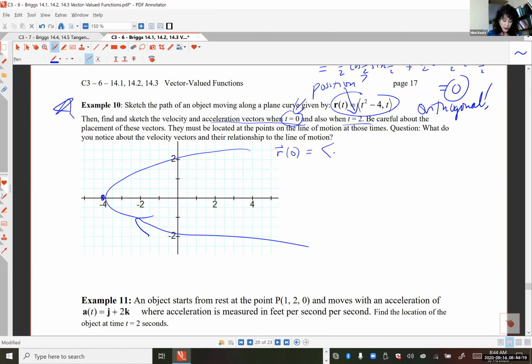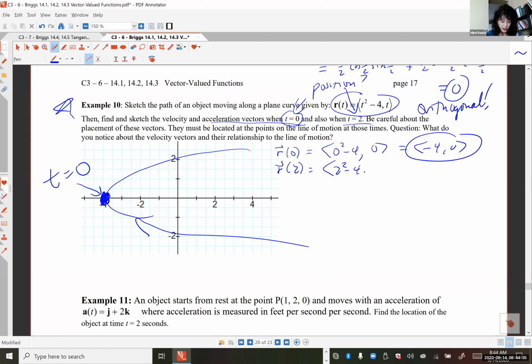So if you substitute time t equals 0 seconds into your position function, you'll find the point -4, 0. So it's right there. This is where the object is located at time t equals 0. At time t equals 2 seconds, I'm going to get the position 0, 2, right there. Okay, so that's the first thing that you should probably do before you start moving forward in this problem.